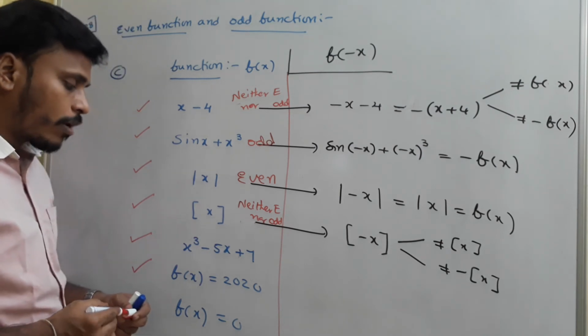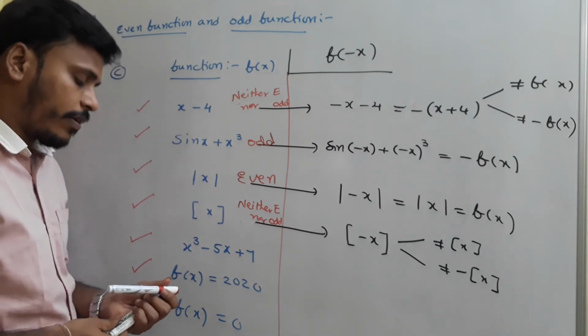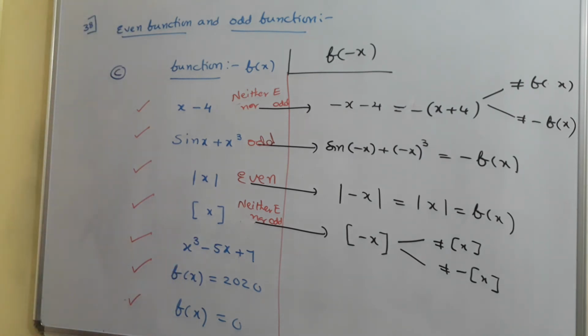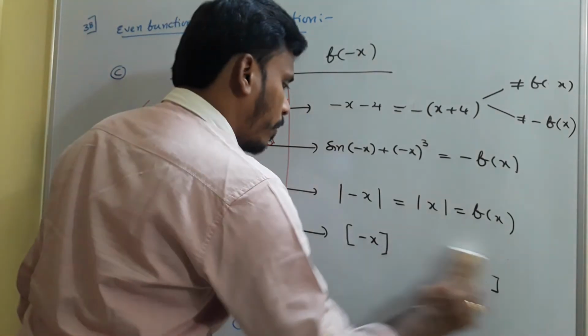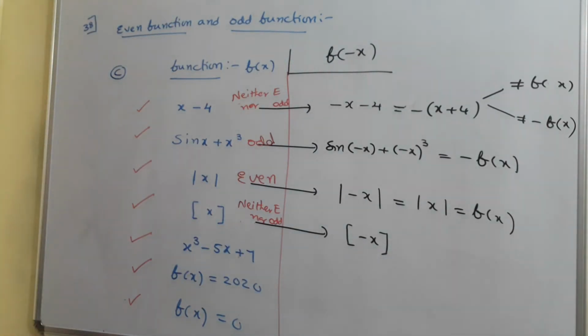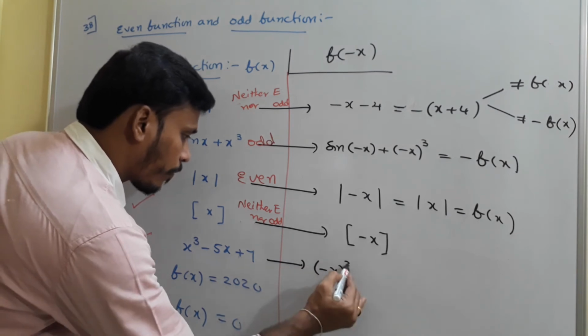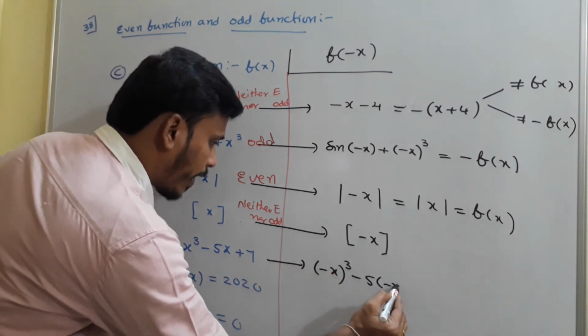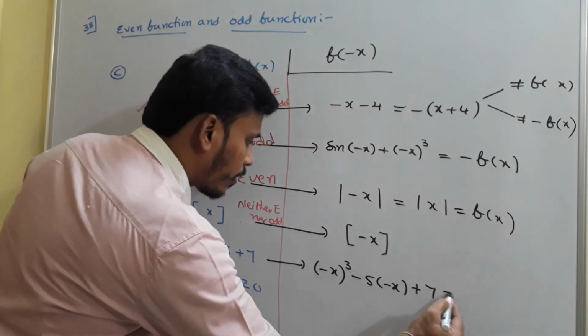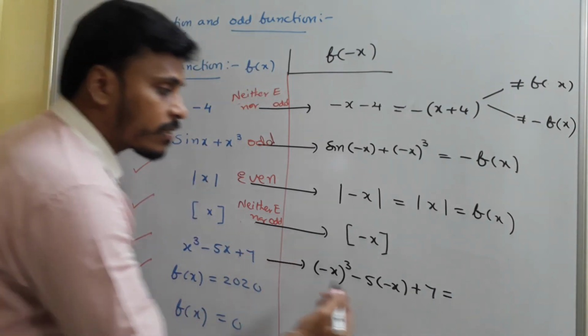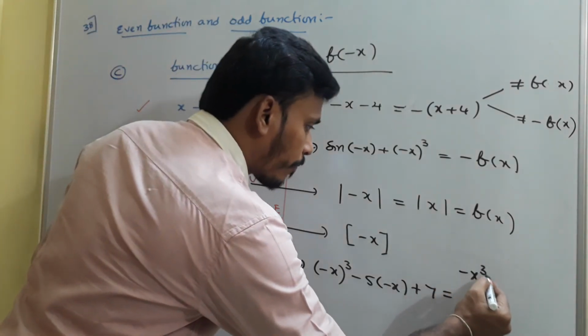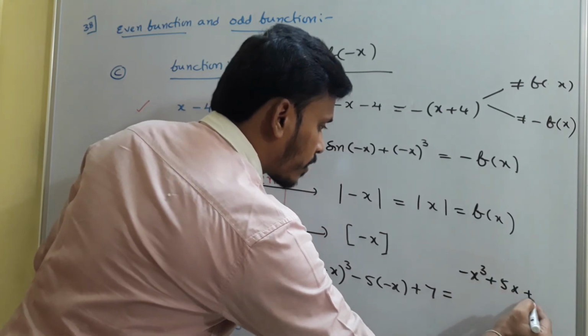Then we need to think about x cube minus 5x plus 7. How to check? Again replace x with minus x. Then it is minus x cube minus 5 into minus x plus 7, which equals minus x cube plus 5x plus 7.